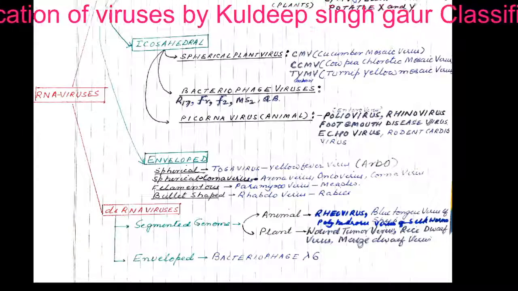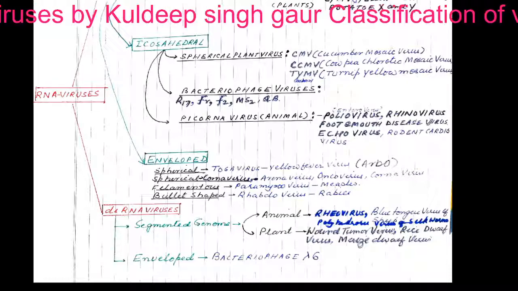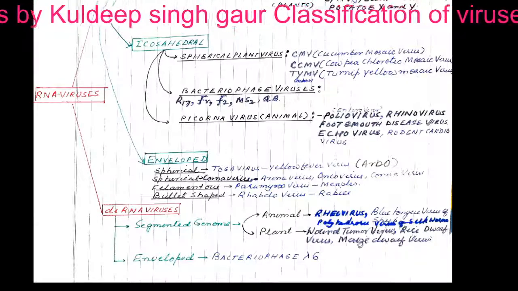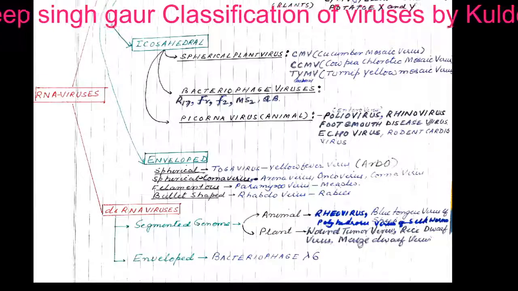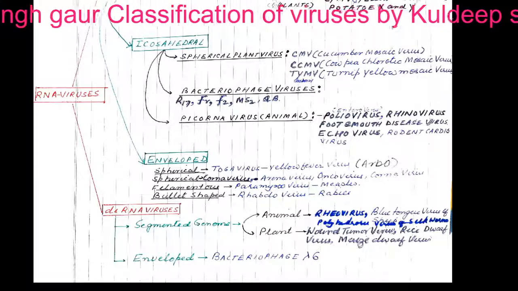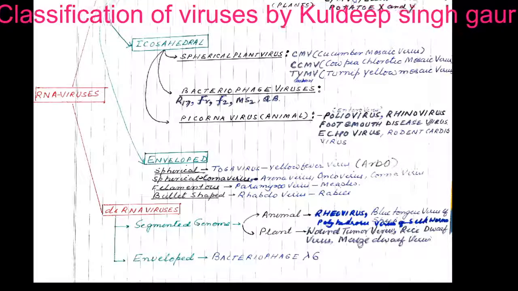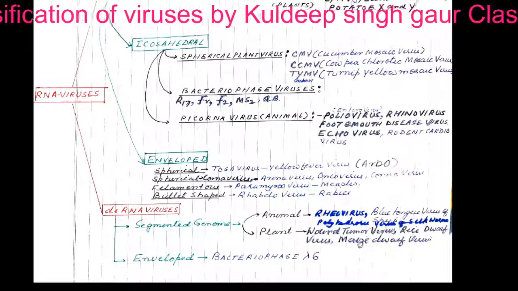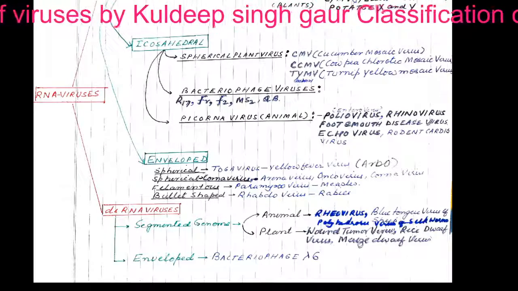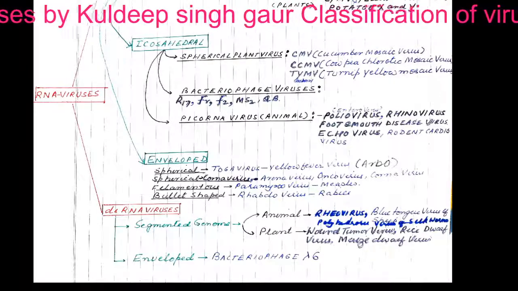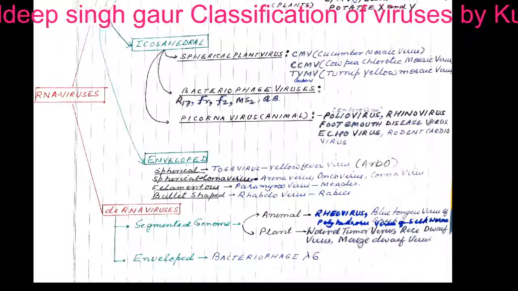The animal ones include reovirus, which causes the blue tongue virus of sheep, and polyhedrosis virus, which causes polyhedrosis in silkworms. In plants, the double-stranded RNA viruses cause wound tumor virus, the rice dwarf virus, and the maize dwarf viruses.